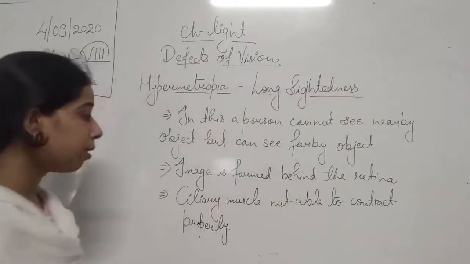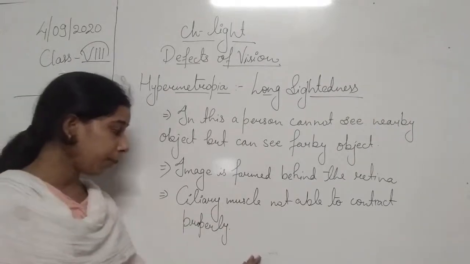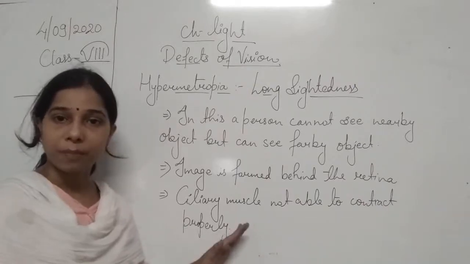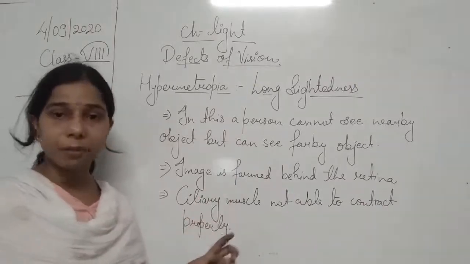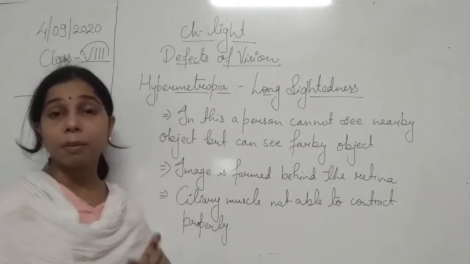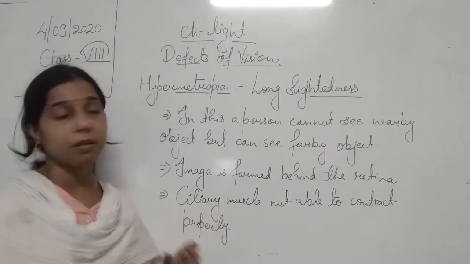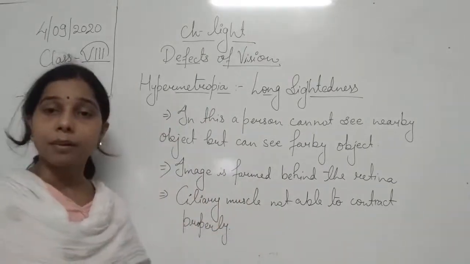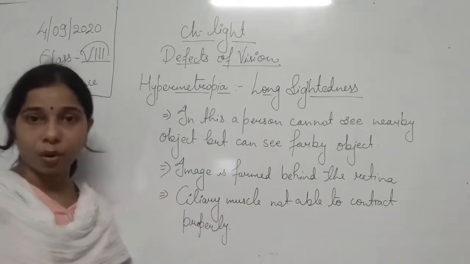So you see here, students, the ciliary muscle is not able to contract properly and due to which it will cause hypermetropia. Now again let me remind you. The first thing, in case of hypermetropia, a person is not able to see the nearby object, but is able to see the far by object.